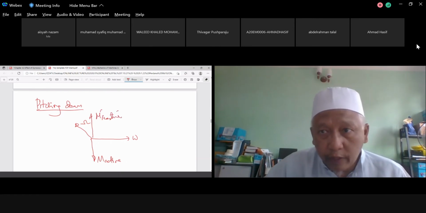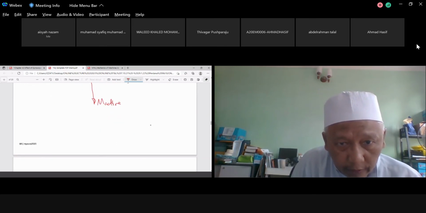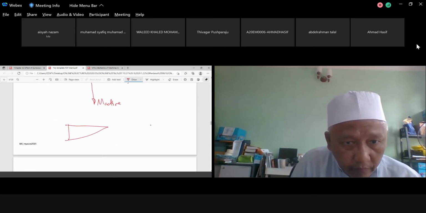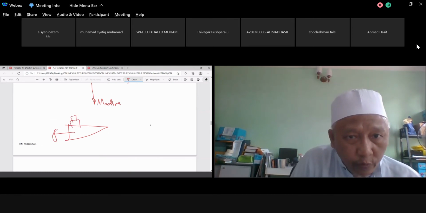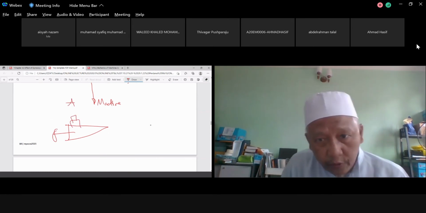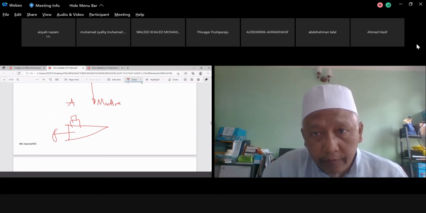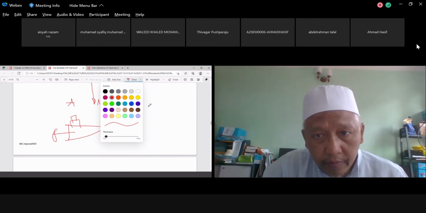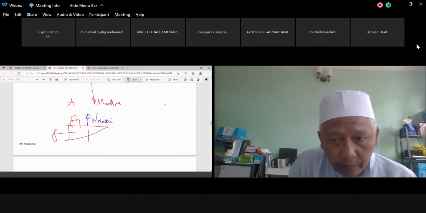So what happened to the structure or what happened to the body? If this one is the ship, for example, and you look from the top, you find that this one will be pointing upward. M reactive. So if you're looking from the top, you will have as such.